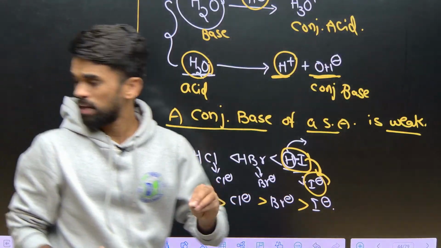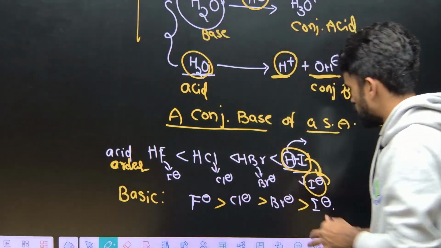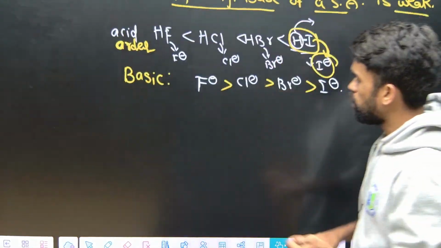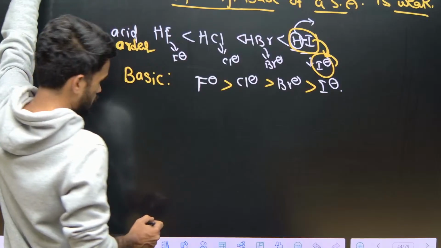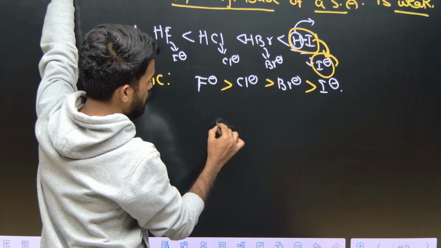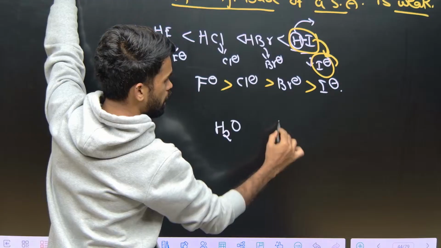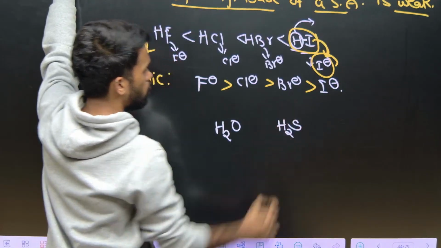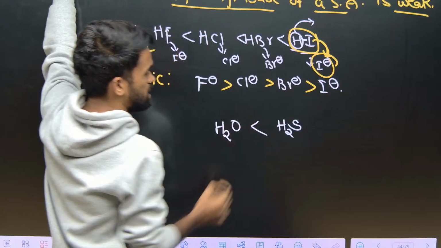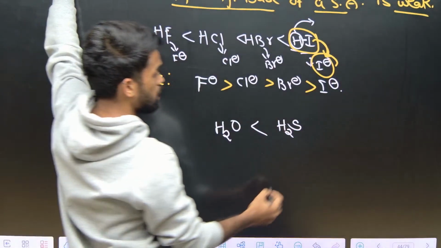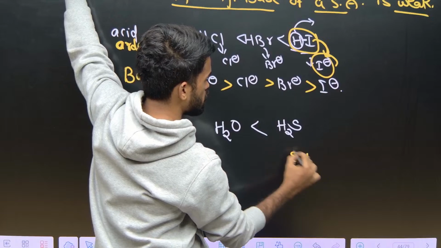Hope whatever I have mentioned here is clear. Now let me ask one more question so that you can answer me. I have H2O and H2S. Out of these, H2S is more acidic. So what are the conjugate bases formed here?